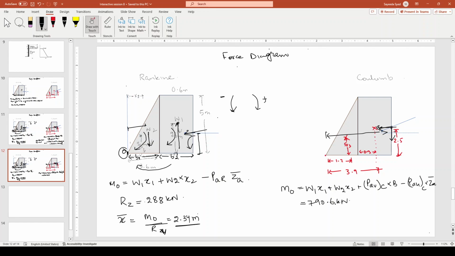So our X bar C will be M naught over RV, which will be 2.54 meter. So here we get 2.34. In the Coulomb case, we will get 2.54. Okay, moving ahead.